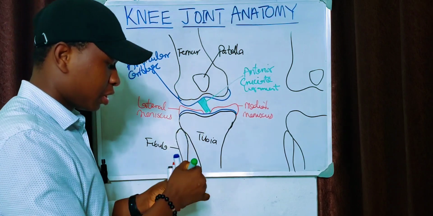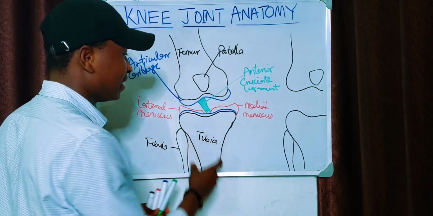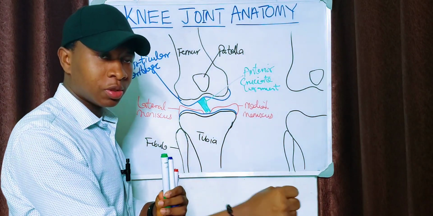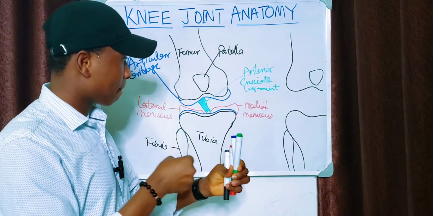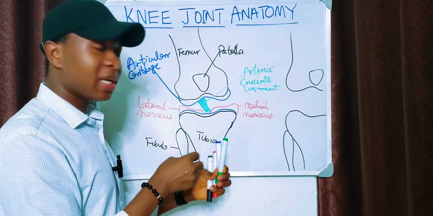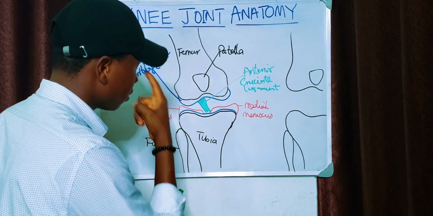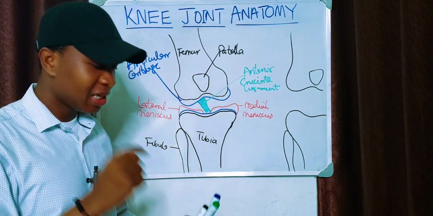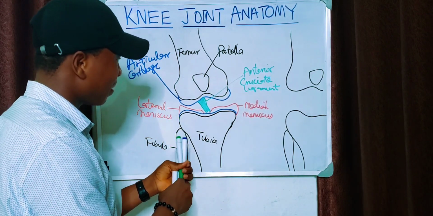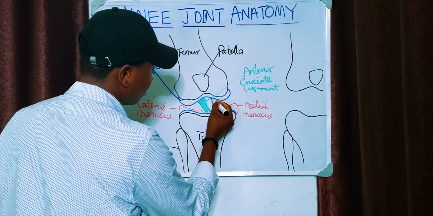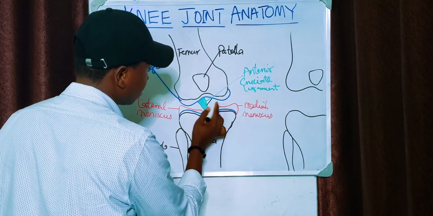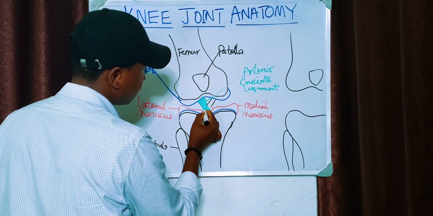Now, the function of the anterior cruciate ligament is that it prevents the tibia from sliding forward. So it holds the tibia in place. Next we're going to look at the posterior cruciate ligament. Like the name implies, posterior, it is found behind.